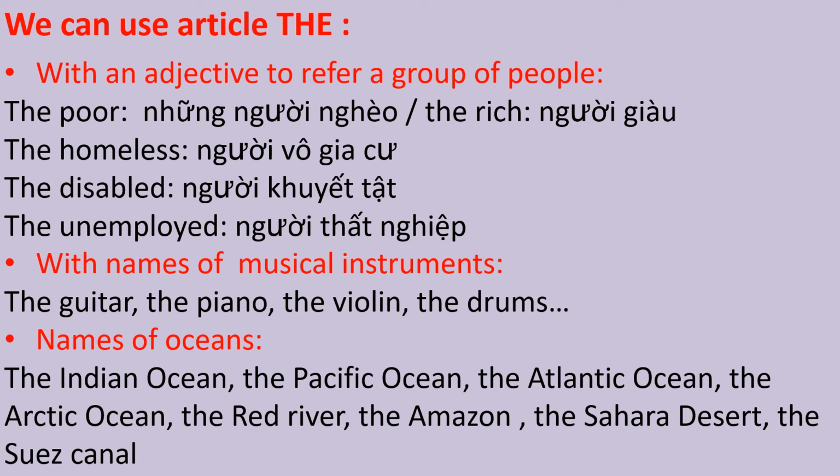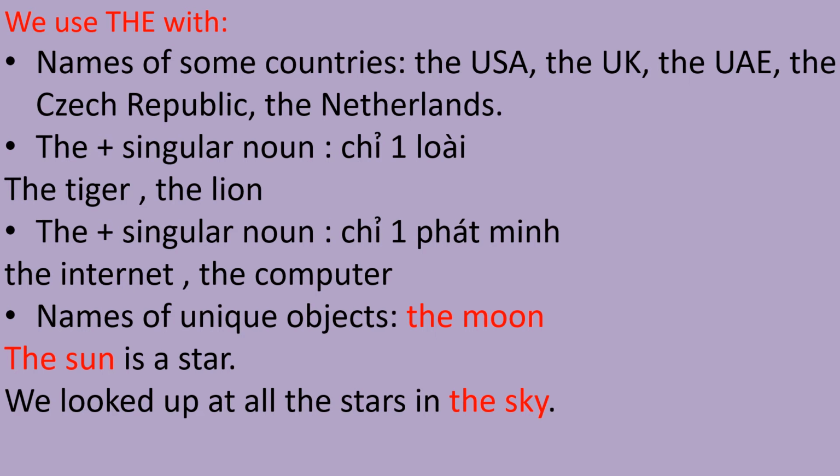We can use the with names of some countries like the USA, the UK, the Czech Republic, the Netherlands, or we use the to refer to a type of animal, the tiger, the lion, or an invention.